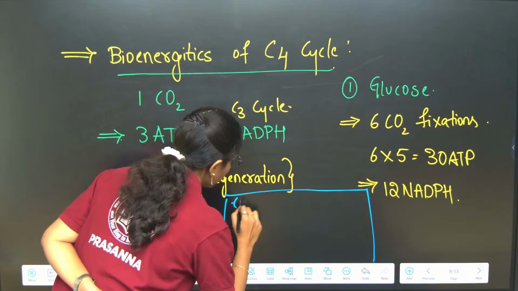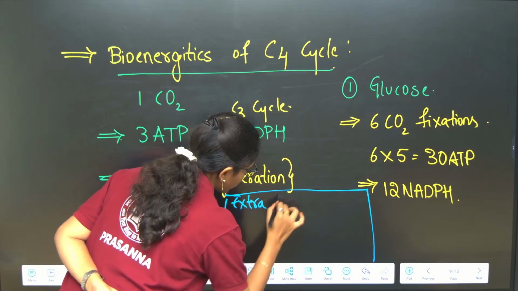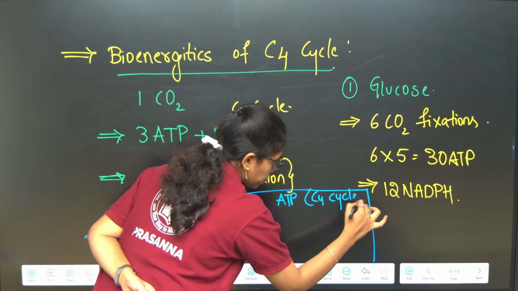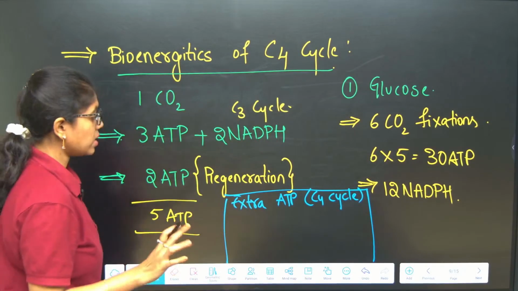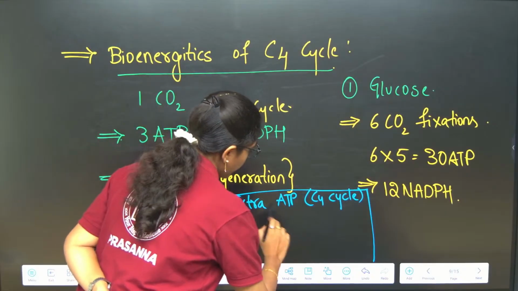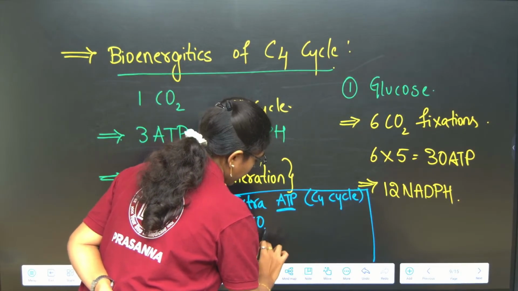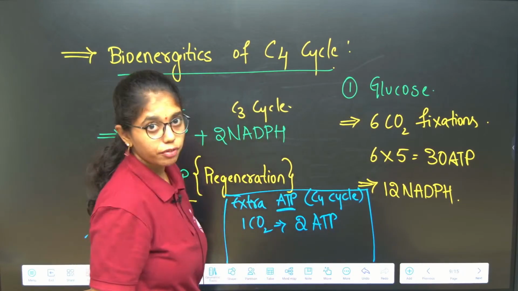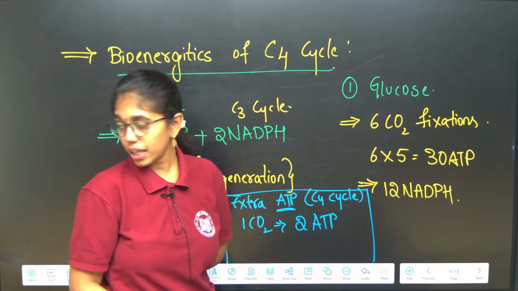So, here we will look into the extra ATP consumed by the C4 cycle. For 1 carbon dioxide, extra ATP utilized is how much? 2 ATP by the C4 cycle, that is for the process of regeneration.